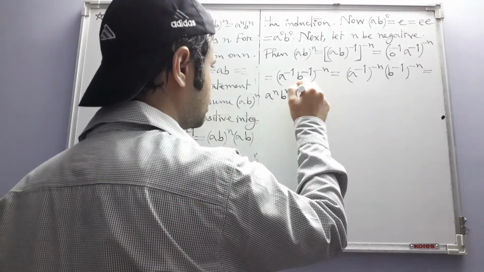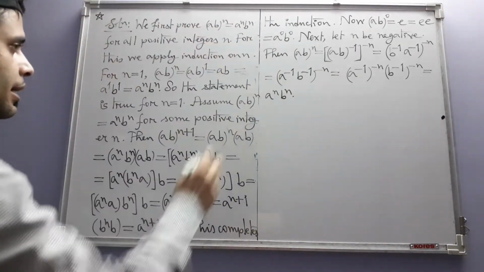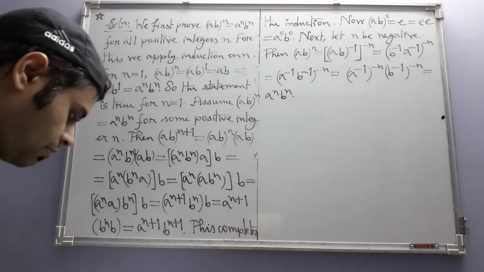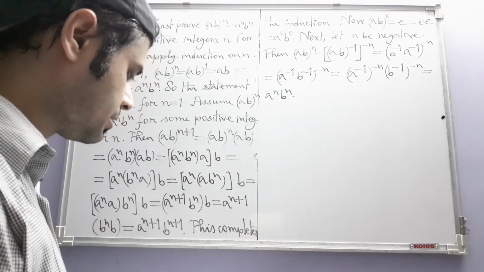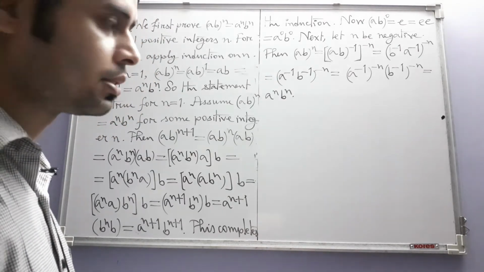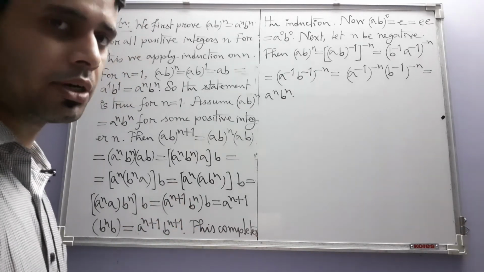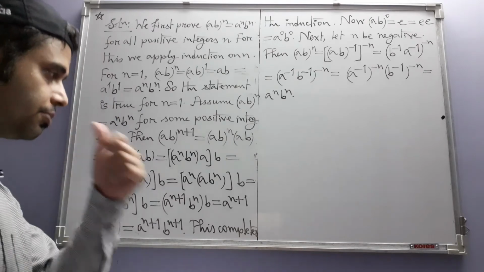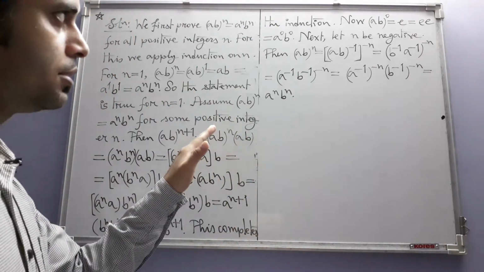And this completes the proof of this identity. However, the question also asks us whether the same is true in non-abelian groups, and the answer is it is in general not true in a non-abelian group. I urge you to come up with an example showing that this is not true.